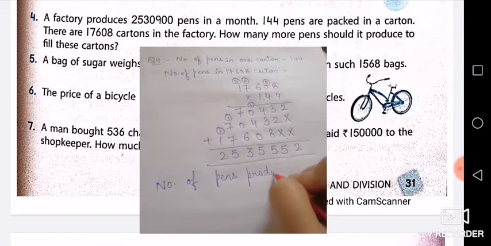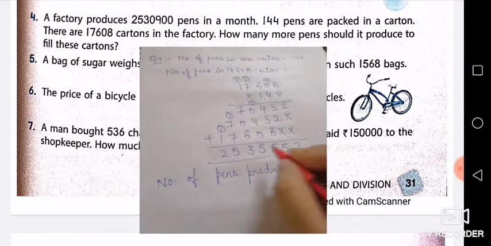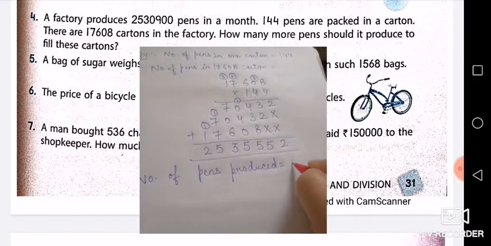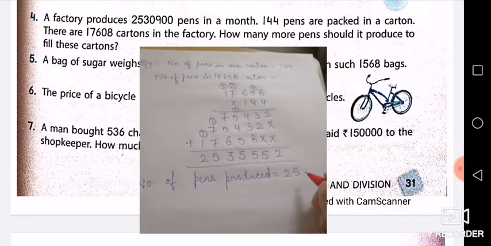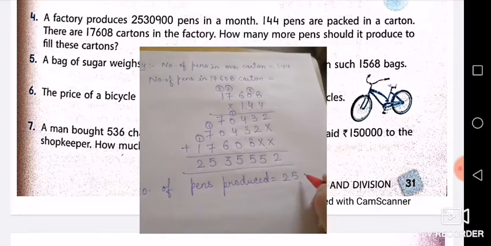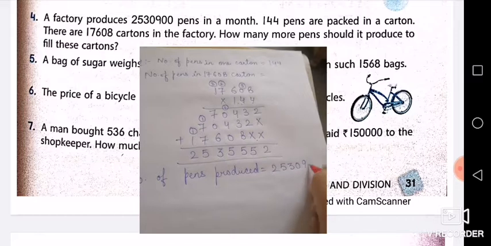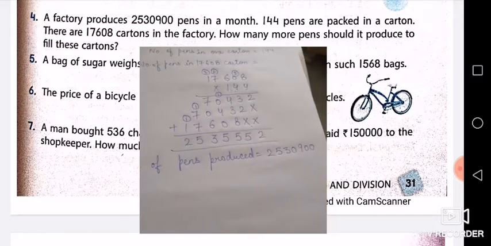Now the number of pens produced. How many are produced? That is 25 lakh 30,900. These many pens are produced.